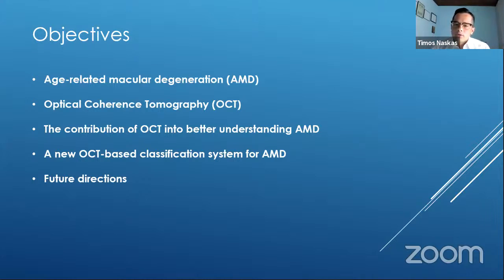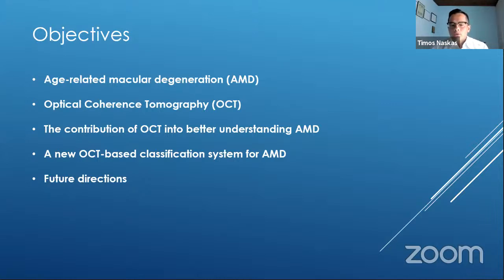And then I will go on to describe the OCT imaging technique and, briefly as well, the principles of its function. Afterwards, we will share information about how the OCT technique has contributed to better understanding the disease.